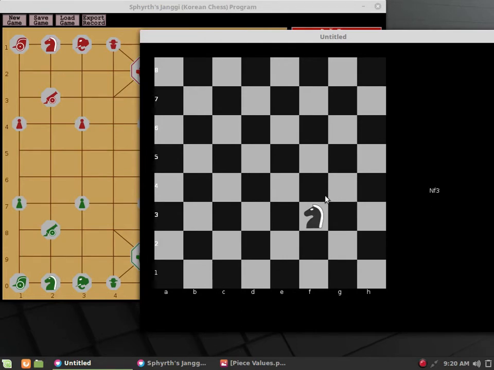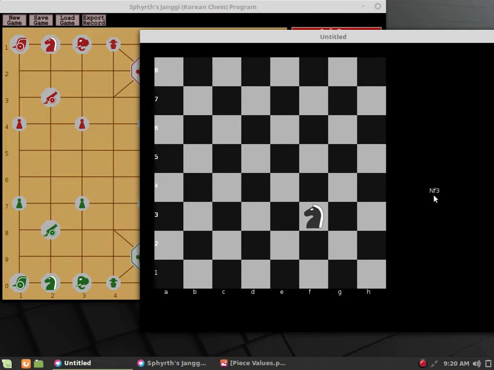Whatever square it was from, we do not know. It does not indicate unless there is another knight that can actually move there. So for example, if this knight was here and another knight was here, and since they can move to the same square, they will assign the file first.